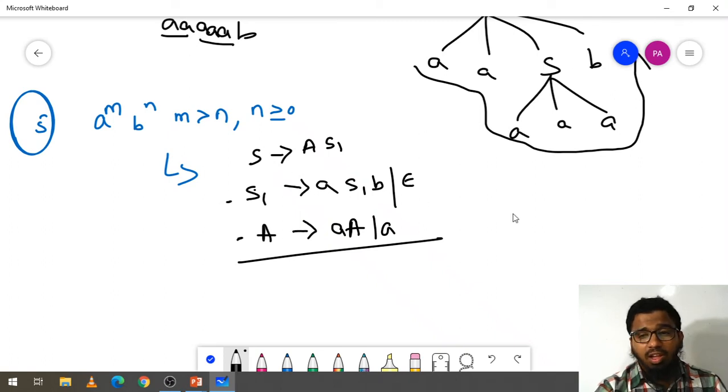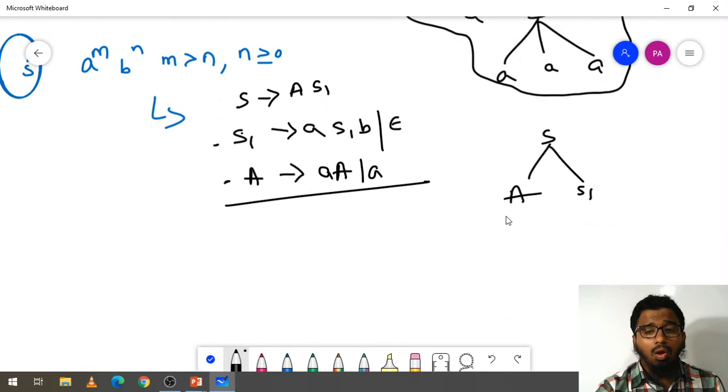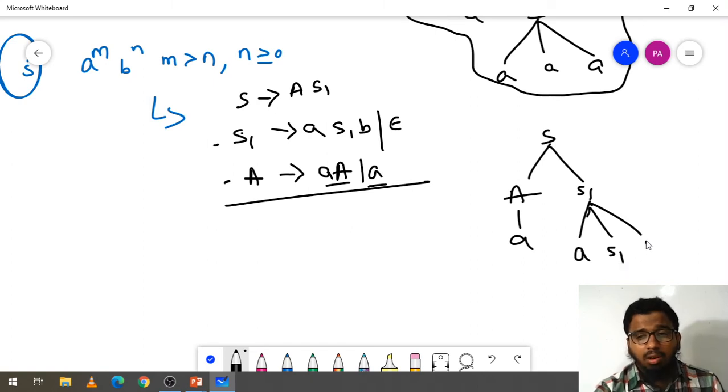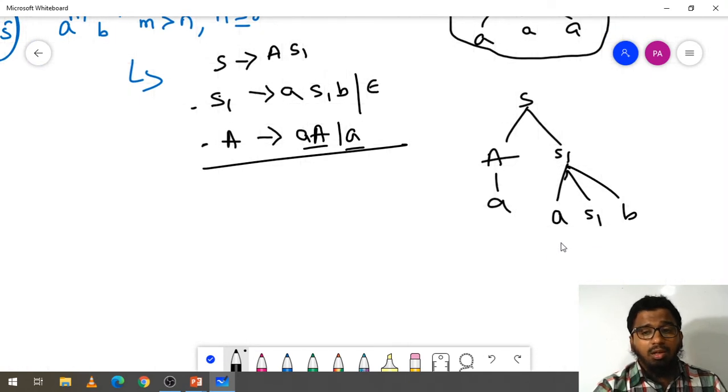Okay, let's solve this. If I take S, it is divided into two, A and S1. What is this A? In A you can take this one or this one. I am terminating this, A. And what is S1? In S1 I can take 1, 2, 3, okay, a S1 b. So what is S1 now? S1 again you can divide, 1, 2, 3, it is up to you, a S1 b.